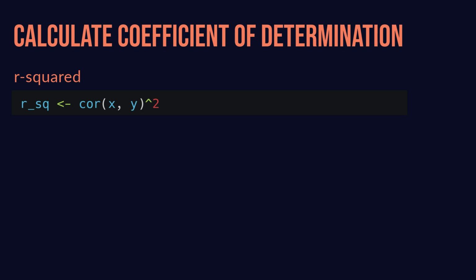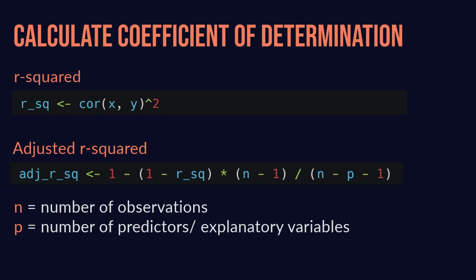For simple linear regression, the coefficient of determination can be easily calculated by taking the square of the correlation coefficient of the 2 variables. However, for multiple linear regression, you need to calculate the adjusted coefficient of determination, or adjusted R-squared.